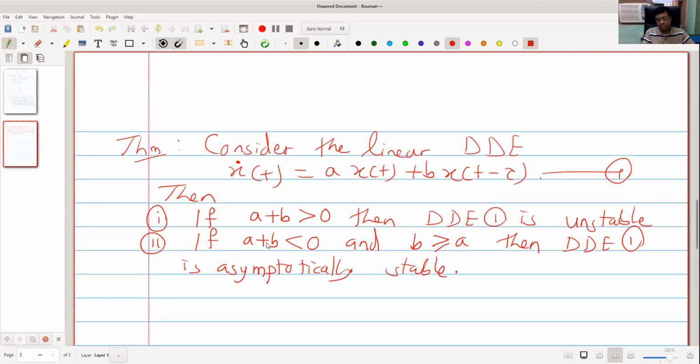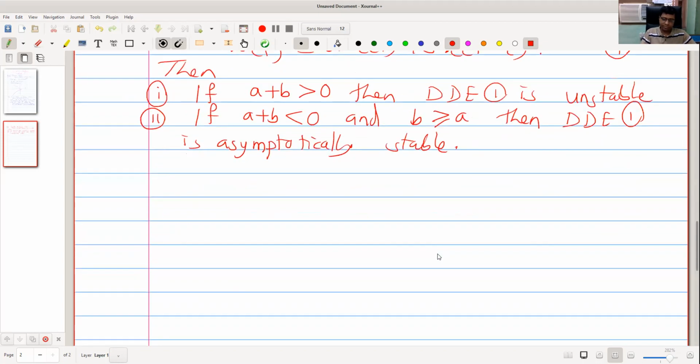Okay, so if a plus b is less than 0 and b is greater than or equal to a, it means it is above the line b equal to a, like y equal to x, and it is below the line b equal to minus a. Then it is asymptotically stable. Okay, so whatever our delay may be, this is the delay independent stability region: a plus b is less than 0 and b is greater than or equal to a.